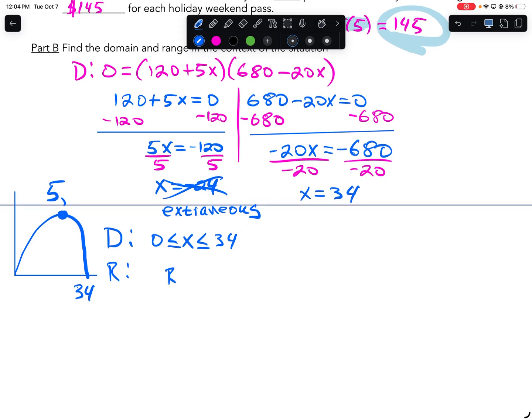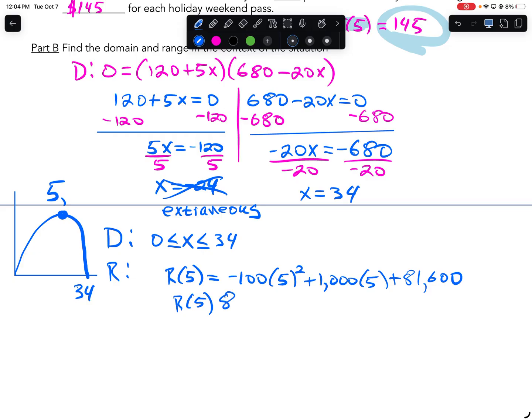So if we do r of 5, we have negative 100 times 5 squared plus 1,000 times 5 plus 81,600. When I plug all that in, you can just use your calculator, right? We don't have to show all the steps of the math because those are big numbers, no need. We get 84,100. So that's our maximum revenue.